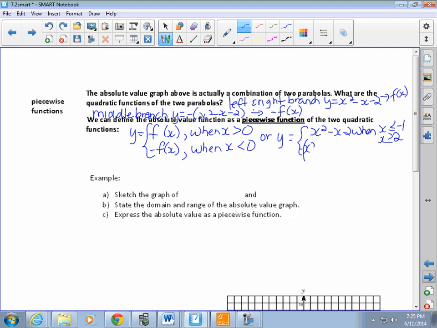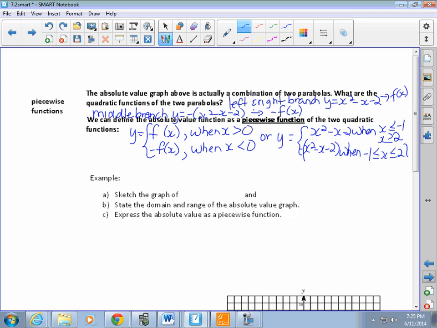So negative x squared minus x minus 2 when we were between negative 1 and 2. Oops, don't need a bracket there.